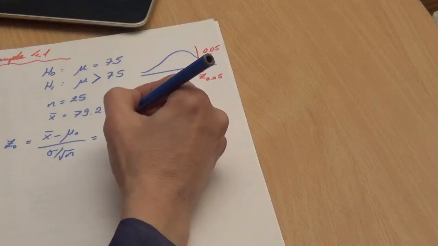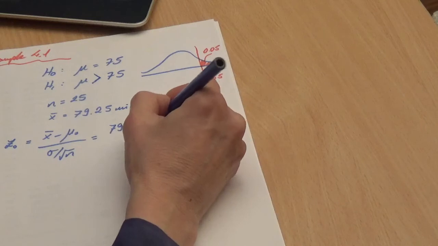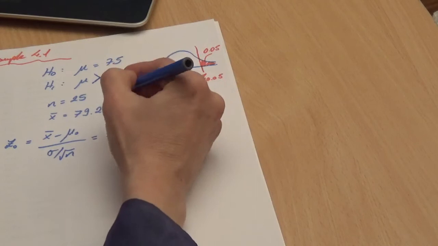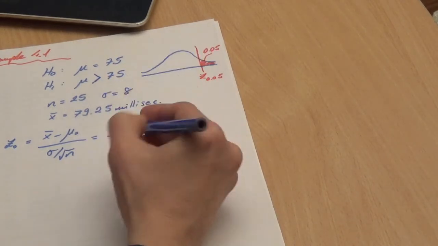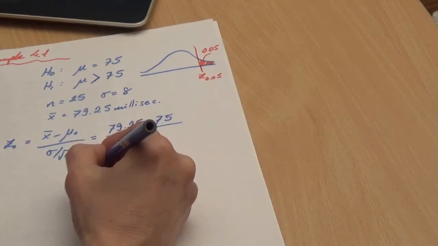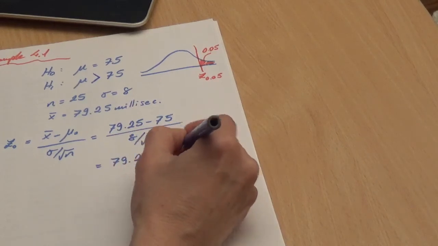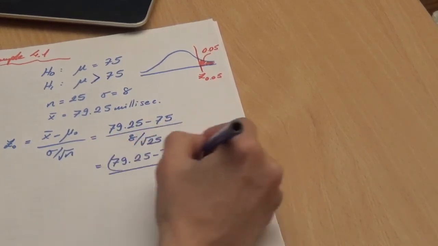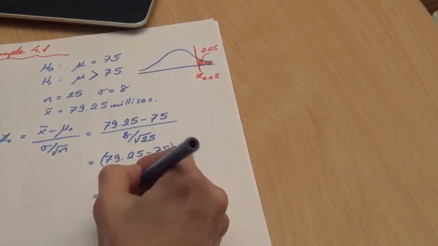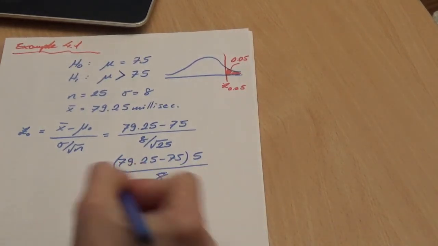Let's put the values in places: 79.25 minus 75 all over sigma, which is 8, over square root of 25, which is 79.25 minus 75 times 5 all over 8, and that's equal to 2.66 for the z value.